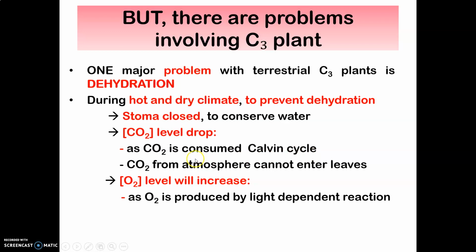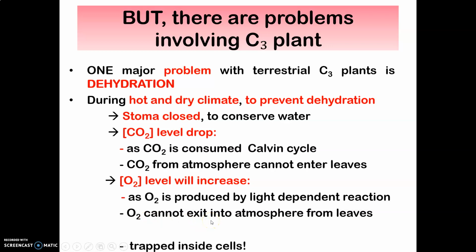Disebabkan stoma akan close, oksigen yang terhasil daripada photosynthesis, daripada light dependent reaction tadi, dia akan terperangkap di dalam daun, menyebabkan oxygen level to increase. Kenapa? Because oxygen cannot exit into atmosphere from leaf.